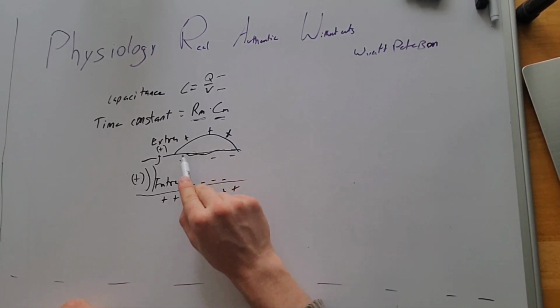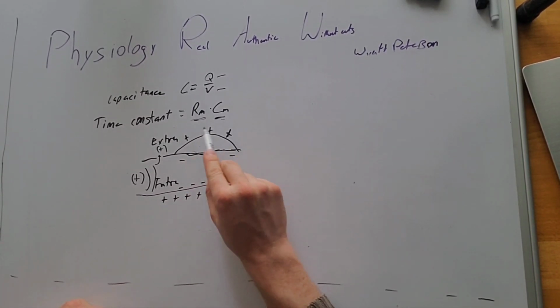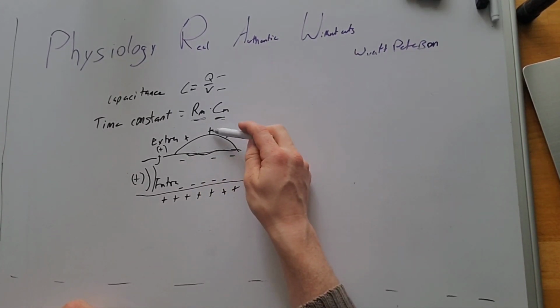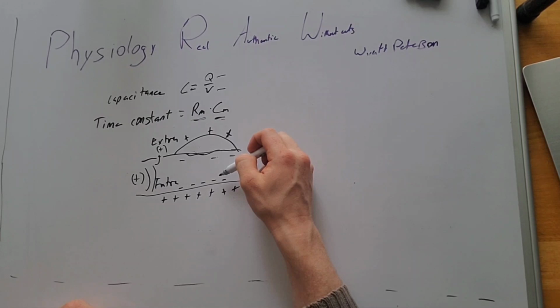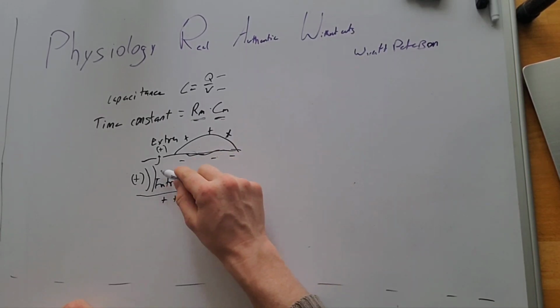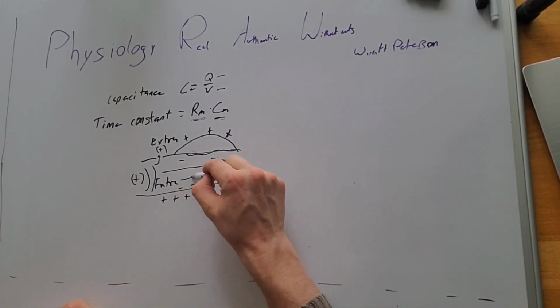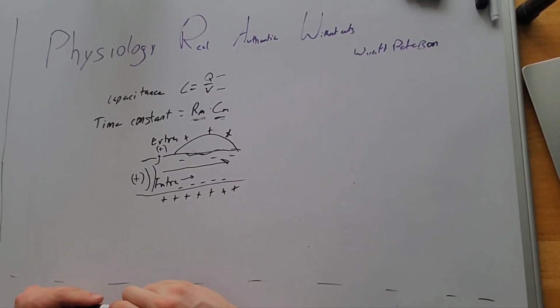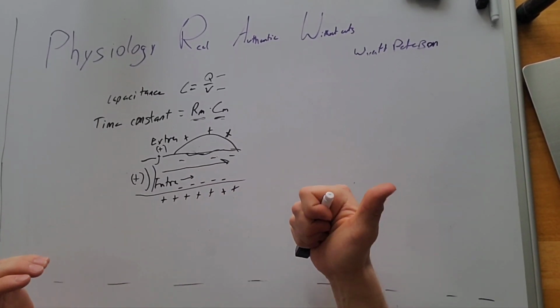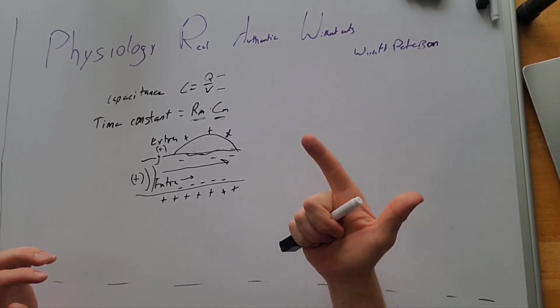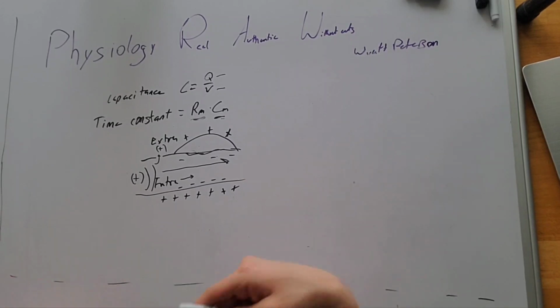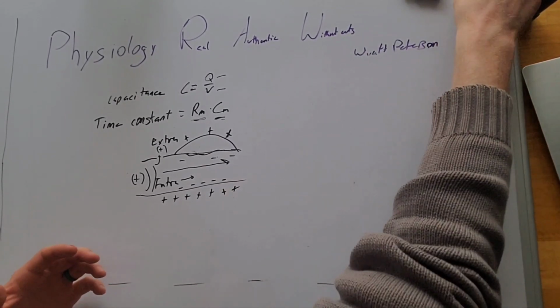So if you have less of those, because there's less interaction between the positive charge and negative charge, this will be able to go further. This one won't be able to go further. So the idea is get negative charges out of the way and don't have your positive charges leak out of the cell.